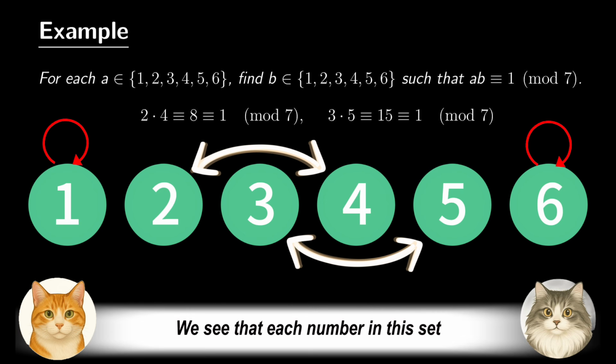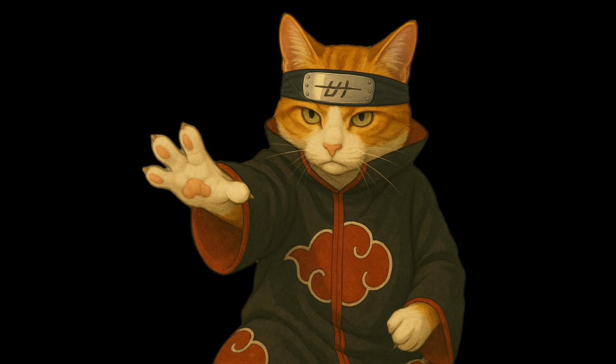We see that each number in this set has a unique inverse in the same set. Moreover, the head 1 and the tail 6 are inverses of themselves, and all the body terms form two pairs of inverses. Keep this observation in mind, which will be the key idea for the proof of Wilson's theorem, which we will discuss in the next section.